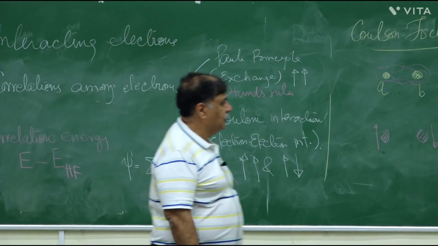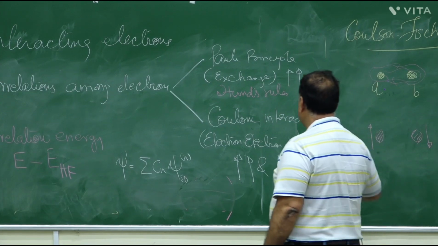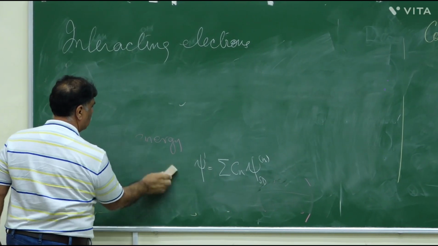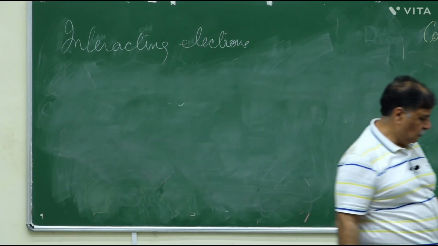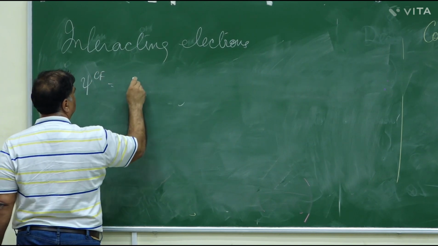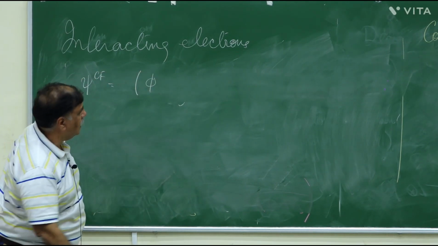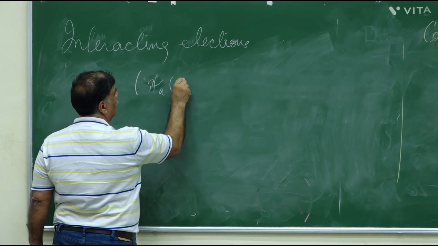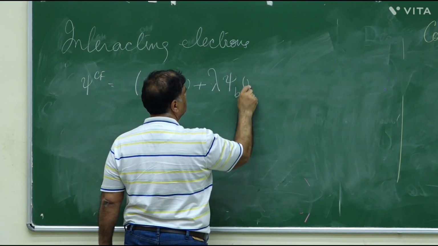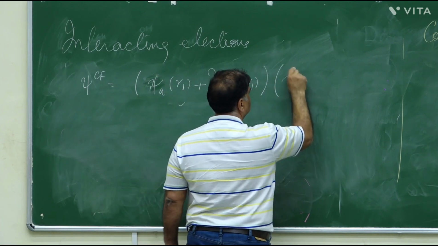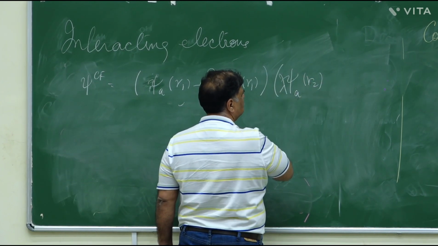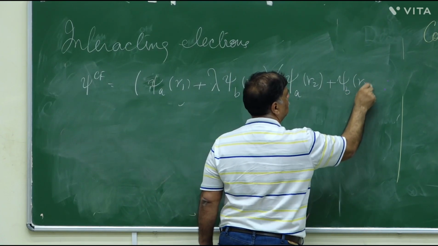Now what Coulson and Fisher did, they showed something very nice. They said, let me write the wave function psi Coulson-Fisher as psi A(R1) plus some lambda, which is a parameter, psi B(R1), times psi A(R2) plus lambda psi B(R2).